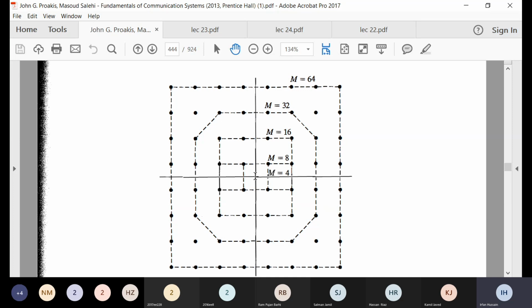So we can use that. The symbols could be represented along the cosine, which we call the in-phase, and along the sine, which is called the quadrature phase. The symbols could be represented based on whether they are traveling with respect to cosine or sine.